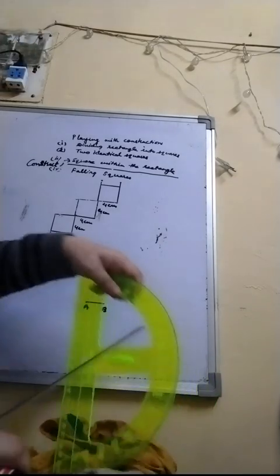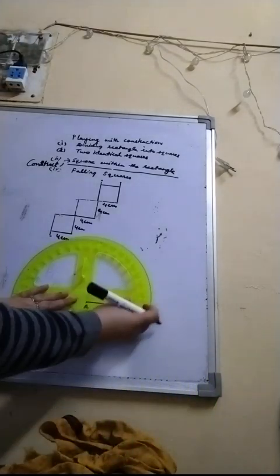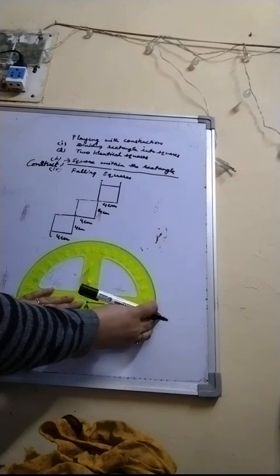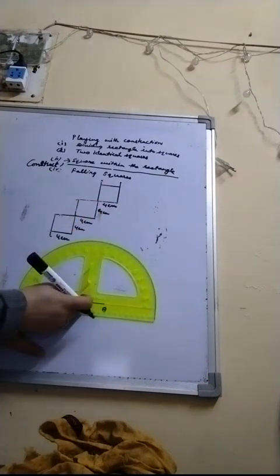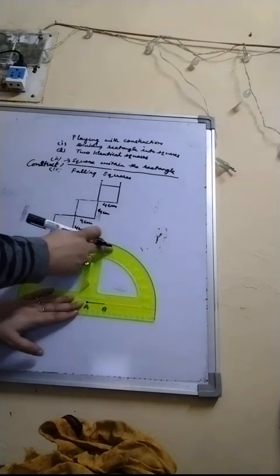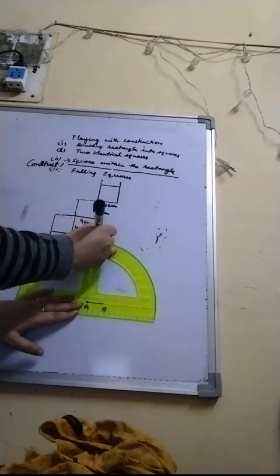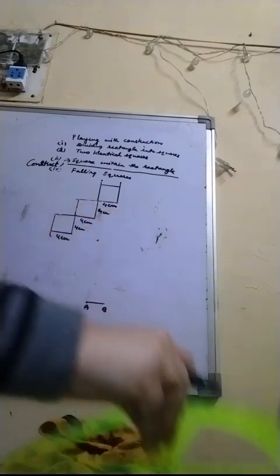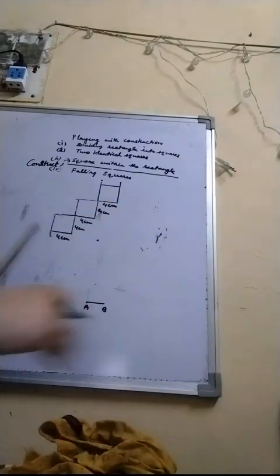Let me take the bigger one. Put the protractor here and align the line with the 0 line and start reading from 0, 10, 20, 30, 40, 50, 60, 70, 80, 90. So at 90 you get the line.